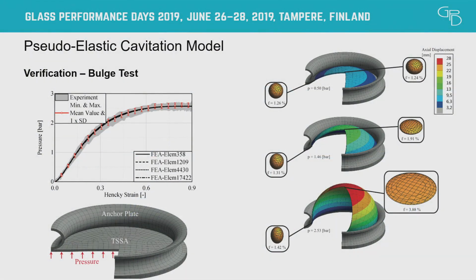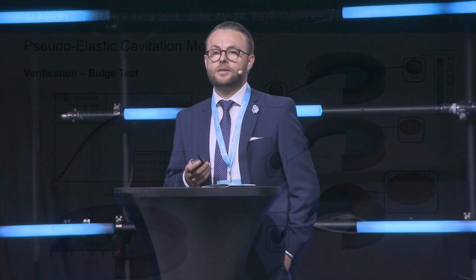We also performed the so-called bulge test. It's a kind of inflation test of TSSA, so it's loaded like a balloon. We blow up a balloon, and there you have a biaxial deformation in the material. It's a really tricky test. However, we learn a lot about TSSA with this kind of test.